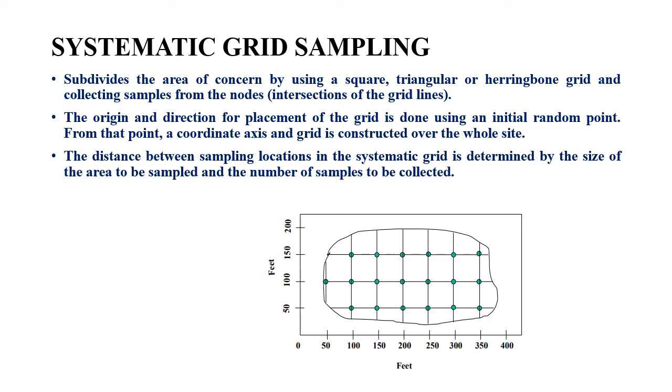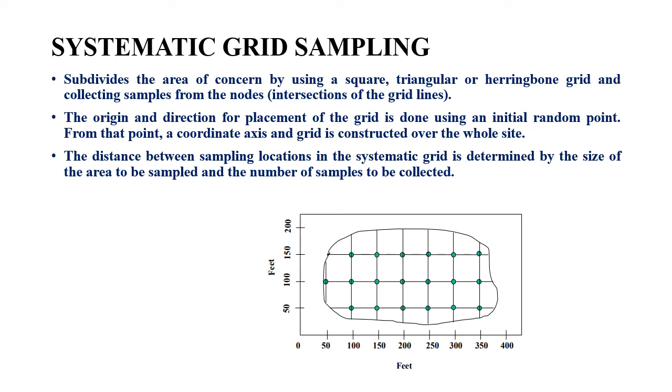The grid lines dividing these areas can make squares, triangles, or a herringbone grid. Basically, these nodes, or the intersections of the grid lines, are the sampling locations or sampling points from where the samples will be collected.